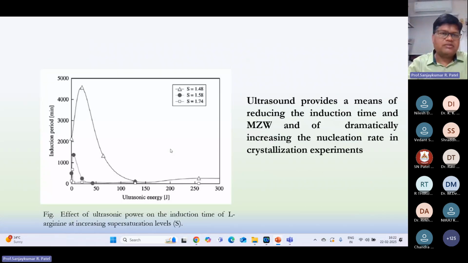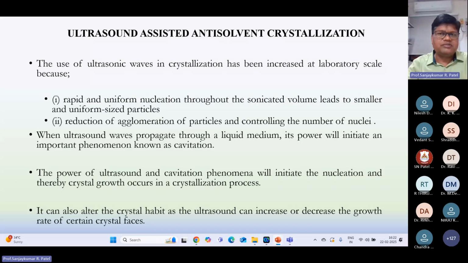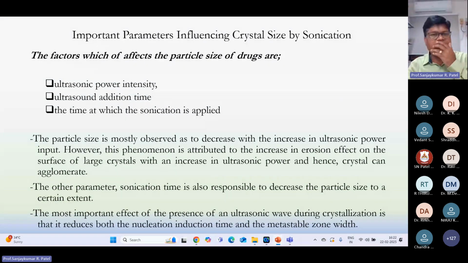Okay, so also, when the size is obtained from ultrasound assisted crystallization, the size can be controlled with the help of ultrasonic parameters, because now everything has to be controlled by the ultrasonic parameters, correct? Because the induction time and the metastable zone are controlled with the help of ultrasonic parameters.